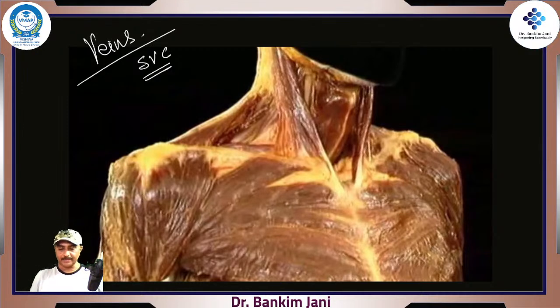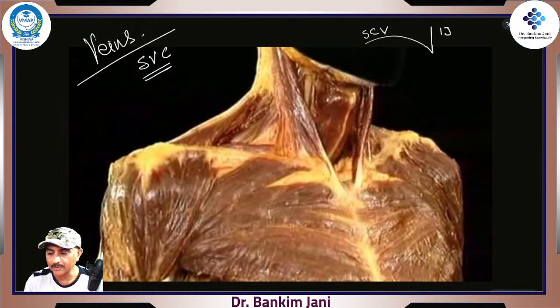So for the superior vena cava, there would be the subclavian vein, and from the top the internal jugular vein. Yes, the azygos vein will also come.